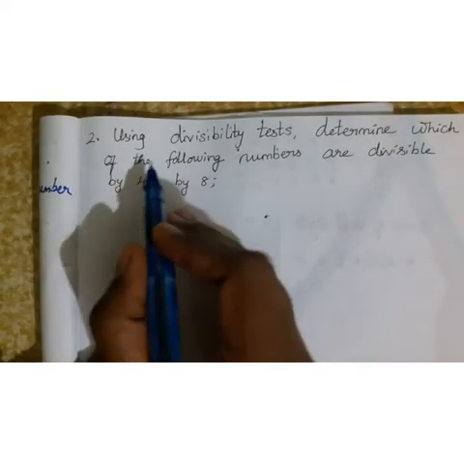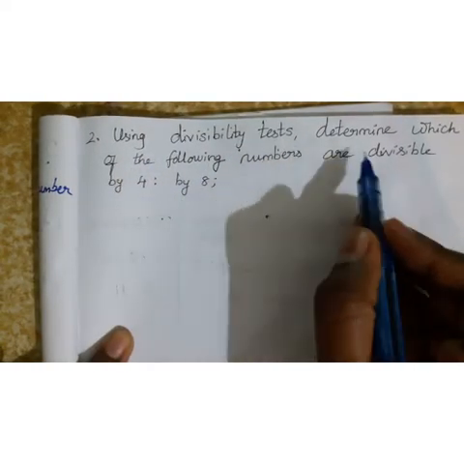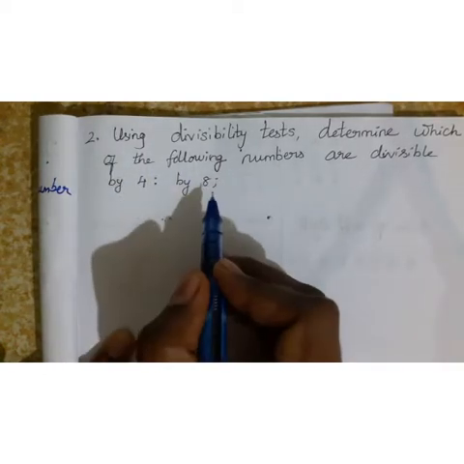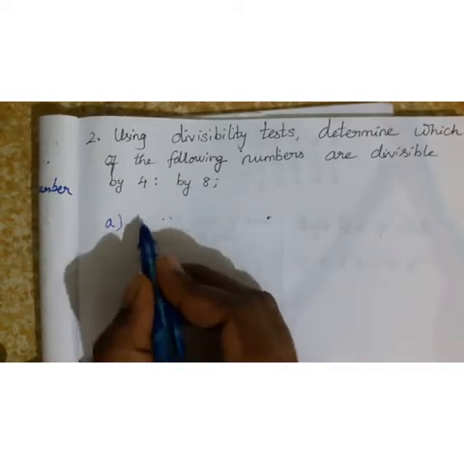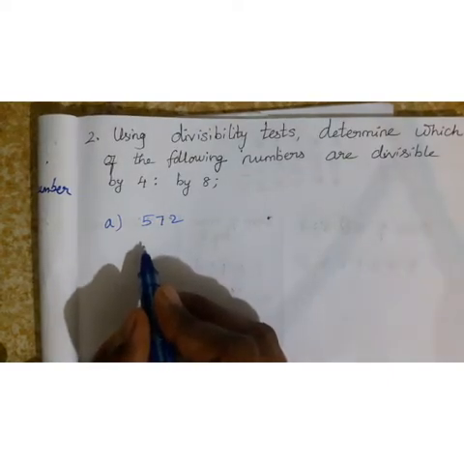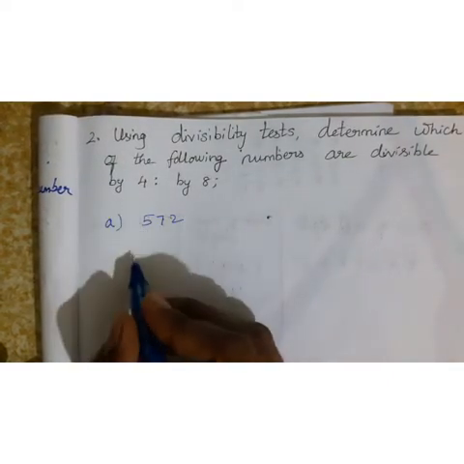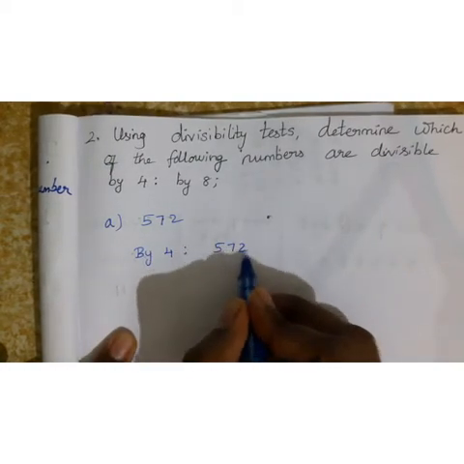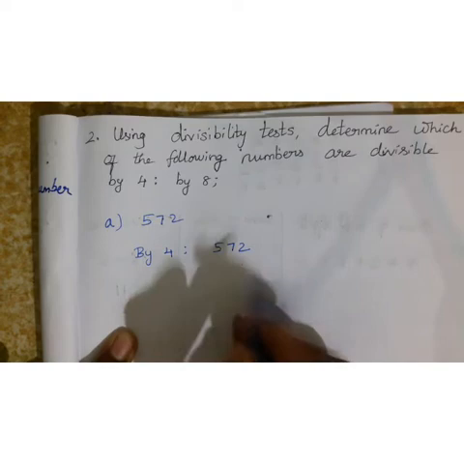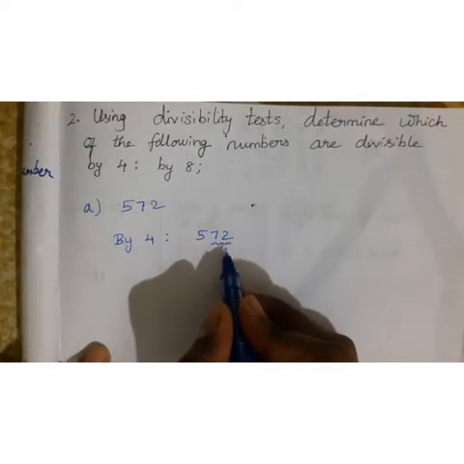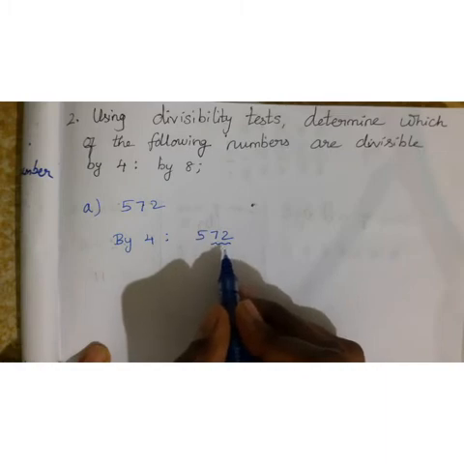Question number 2. Using the divisibility test, determine which of the following numbers are divisible by 4 and by 8. Part A: 572. First we do the divisibility test for 4. If the last two digits are divisible by 4, then the number is divisible by 4.